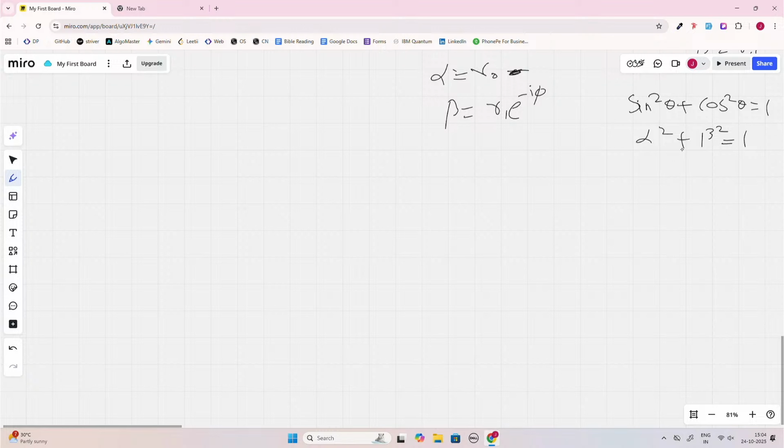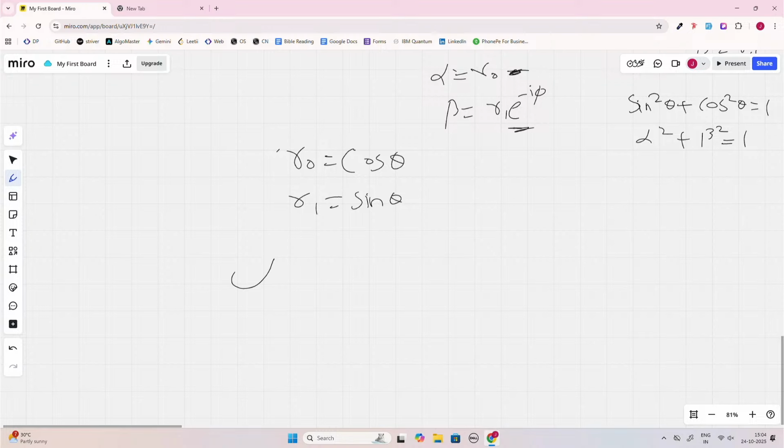Okay. Now alpha square plus beta square, I will write as 1. Sin square theta plus cos square theta equal to 1. So I can simply say r naught equal to cos theta and r1 equal to sin theta. Yes or no? Why? The global phase will not make any change. Are you guys getting the point? So I can keep any random stuff out there. It will not be a problem.